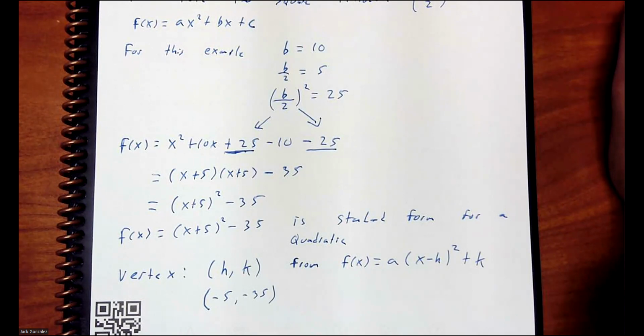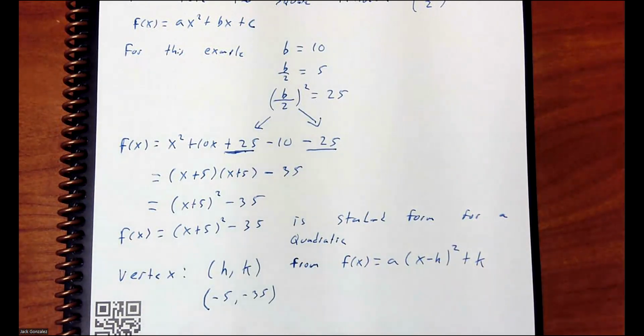So the first few questions are just putting it in standard form and giving the vertex. And after that, they're going to ask for different things. Then they give you some notes.